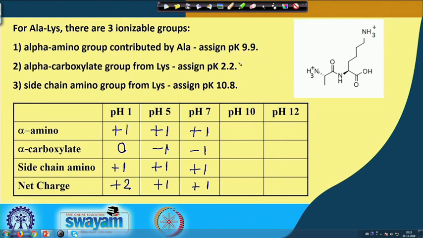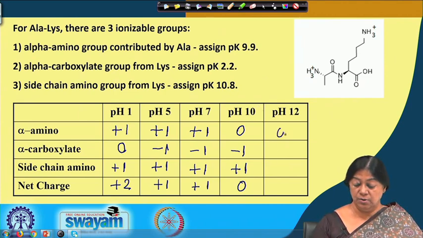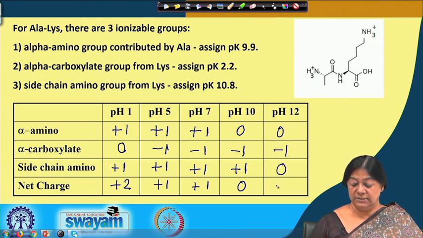So, what is this? This is the alpha amino group. So, this becomes now 0 because it has lost the proton. This remains at -1, this is +1, it is now 0. When we reach 12, we lose this. So, this becomes 0, this remains at -1, this is at 0, and this becomes -1.